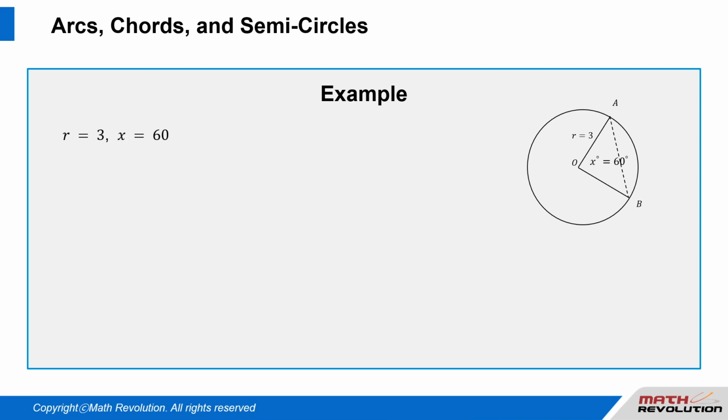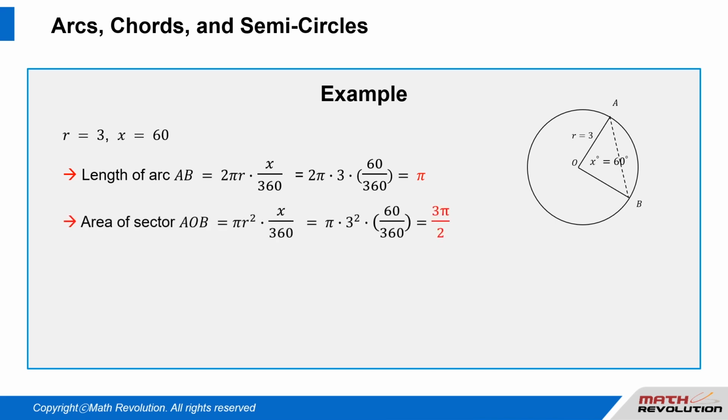If r equals 3 and x equals 60, the length of the arc subtended by the central angle x degrees can be found by plugging these numbers into the formula for the length of the arc AB. That is 2 times pi times r times x over 360.